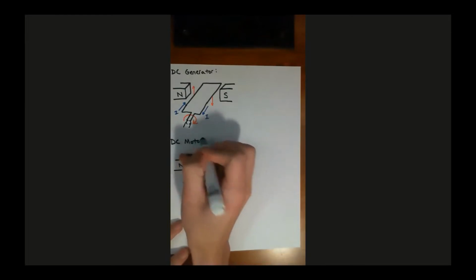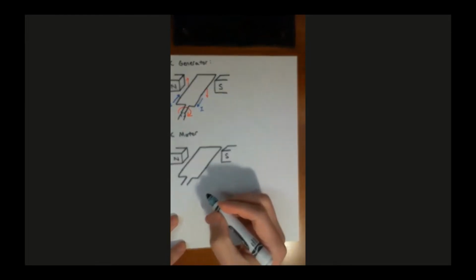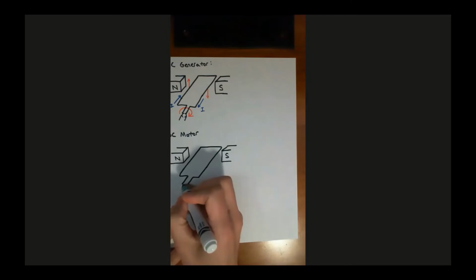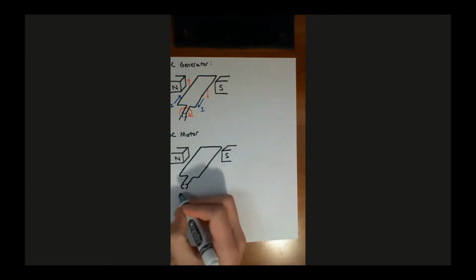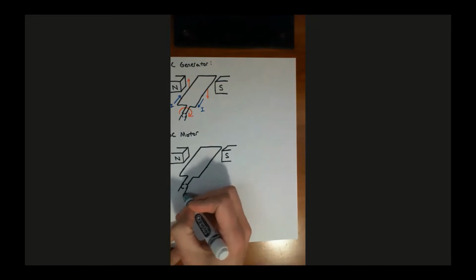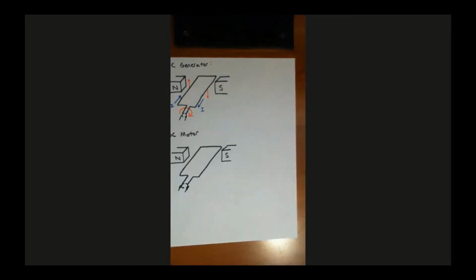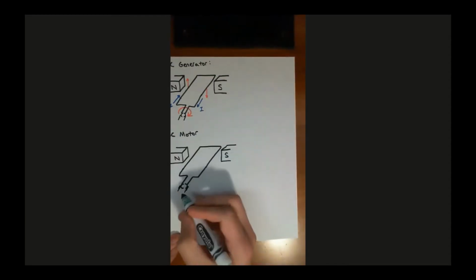motor. Now we've still got a split ring commutator, so I'm going to draw that again. It's kind of difficult to draw, but I just draw them as kind of like C's, mirror image of a C, and then the brushes are right here. So this is a brush and this is a brush, riding on that split ring commutator as the split ring commutator rotates around with the armature.